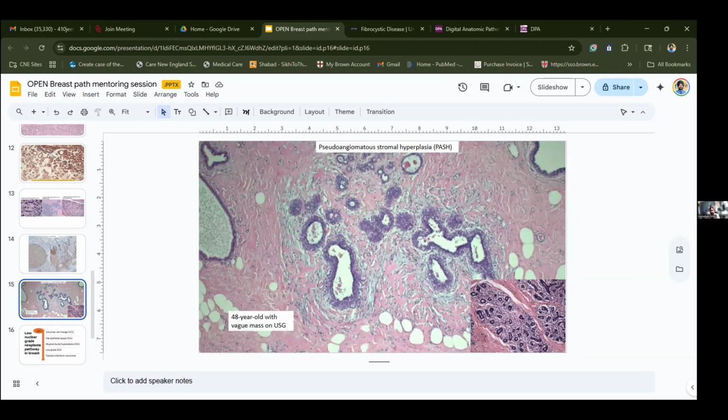When you're looking at the slides, pay attention to what's going on in the epithelial component as well as in the stroma. And I think the idea is just to register what's different from what you have seen in the normal. We have some scanned slides of benign breast tissue, normal breast tissue.